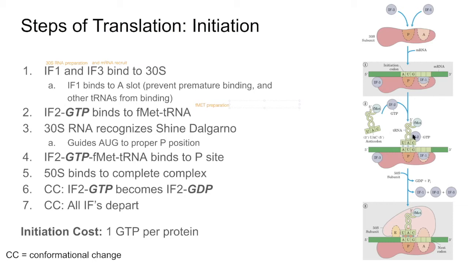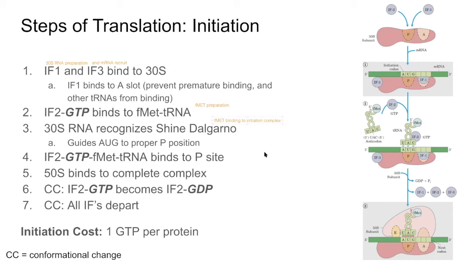This is stabilized both by IF2 fitting nicely and by UAC perfectly hydrogen bonding with AUG. So that's the next step: fMet binding to the initiation complex.